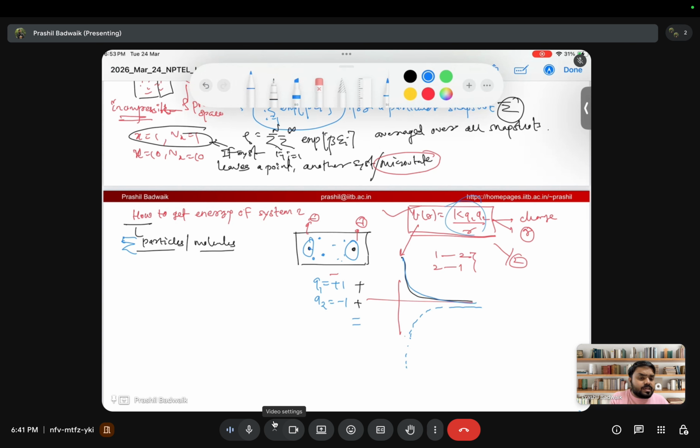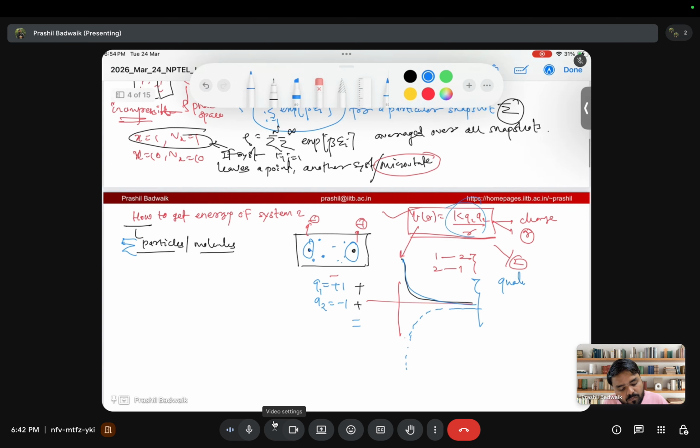So what does it give? It gives you what will happen to the interaction energy qualitatively, or something called a trend.